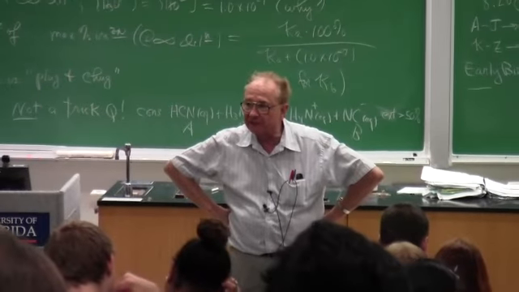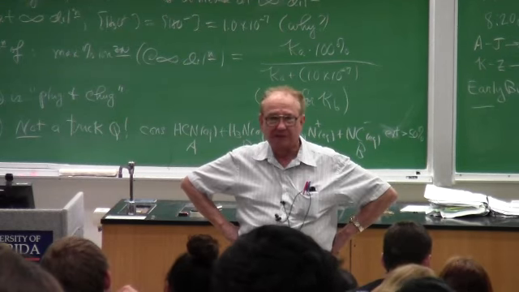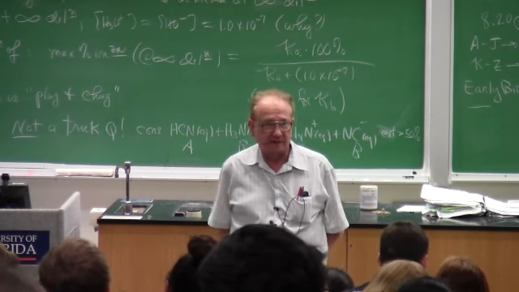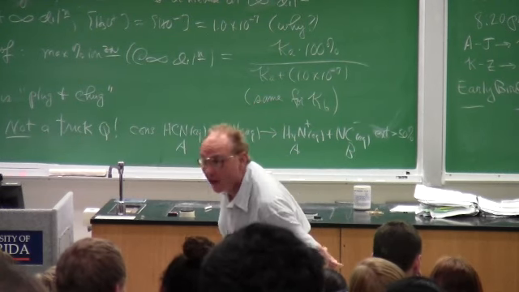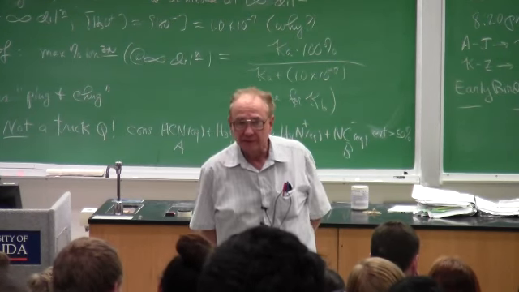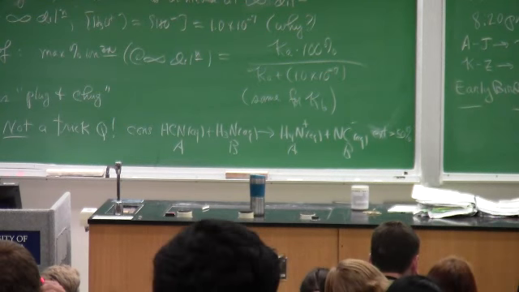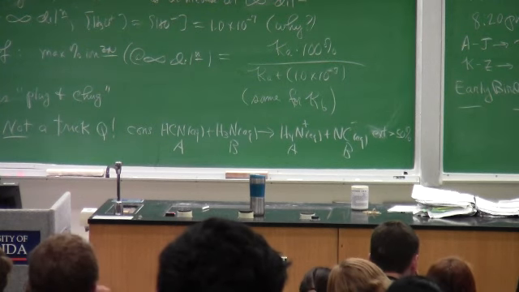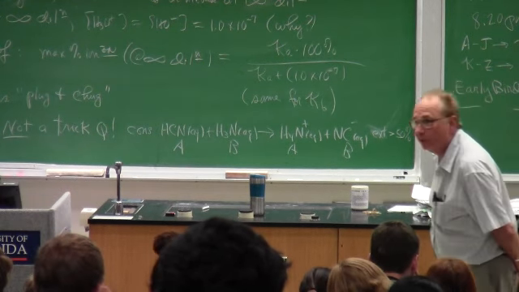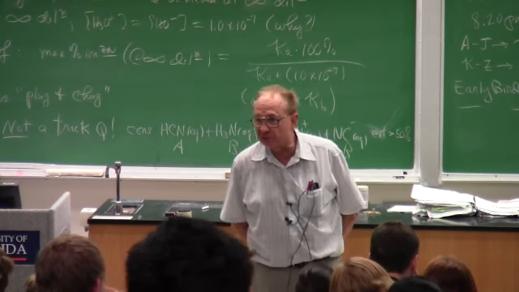Is 1.2 times 10 to the minus 2 bigger than 1 times 10 to the minus 7? Yes. It's only 120,000 times bigger. So you'll find that without making hydrogen sulfate ion too dilute, it will go 100%, at least within the boundary conditions of 2 sig figs.